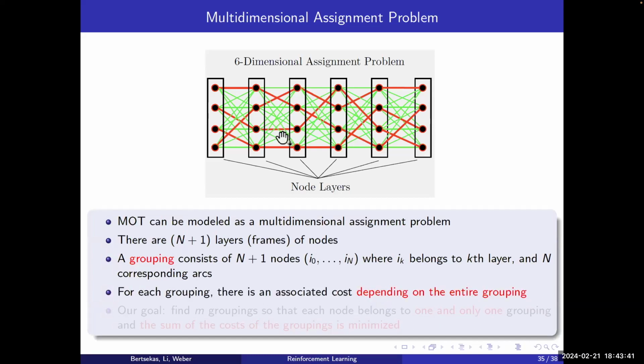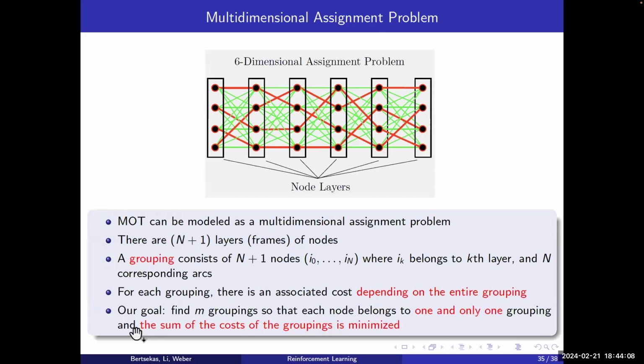And for each grouping, there is an associated cost depending on the entire grouping. For example, we will give a particular cost to this entire grouping. It need not be simply some cost associated with independent arcs summed up together. If that's the case, then it's an easier problem than the one we are treating here.